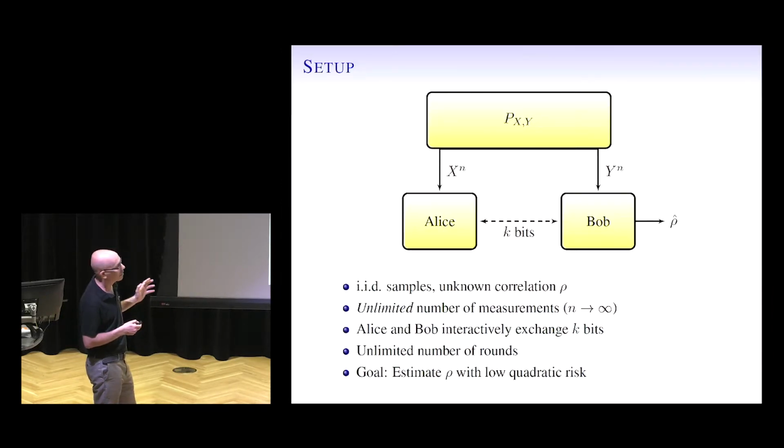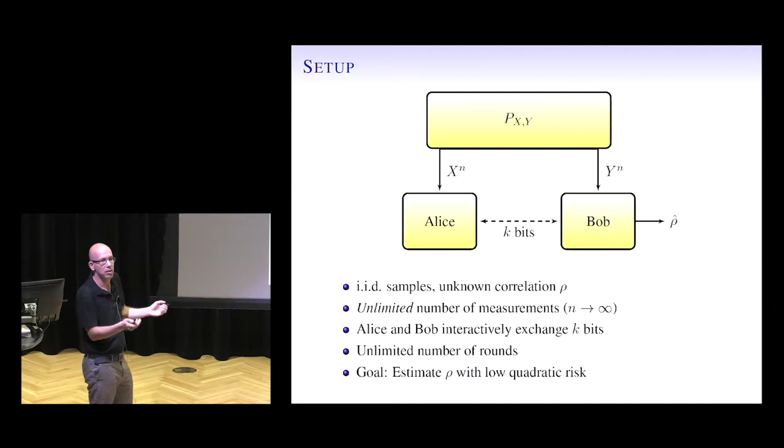And we're going to think about a regime where basically the distributed nature of the problem is the central issue, because we're going to assume the number of measurements that they have, n, is basically infinite. It could be any number. If they had been co-located, there wouldn't have been any problem. They could have estimated PXY arbitrarily well.